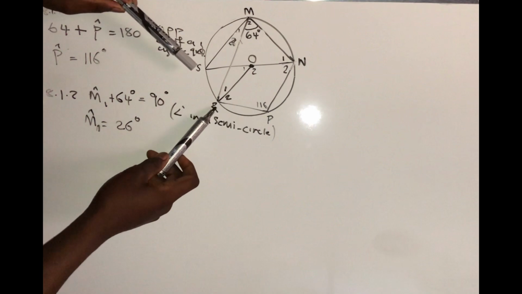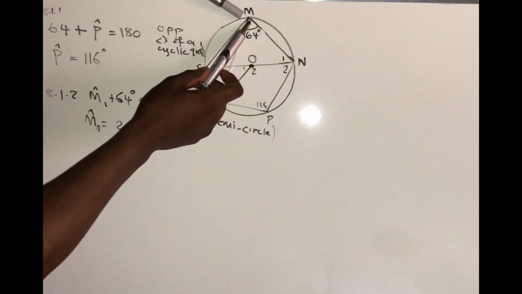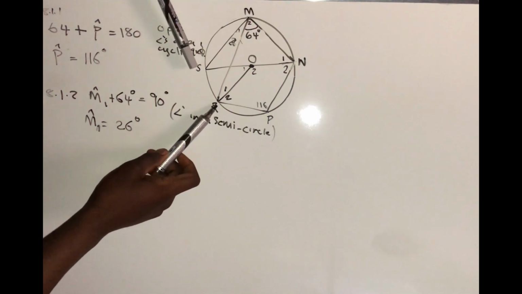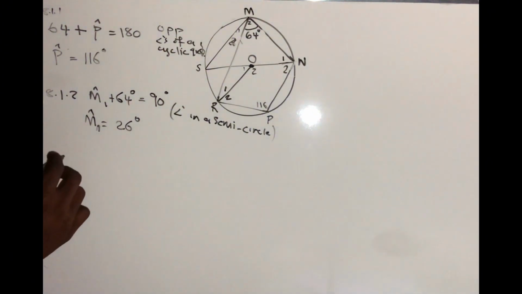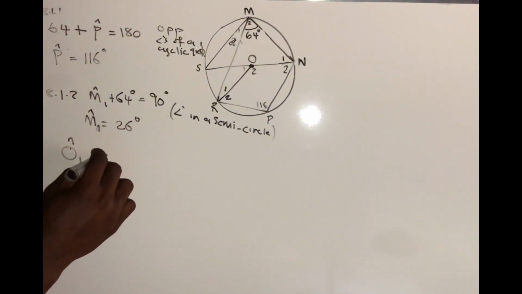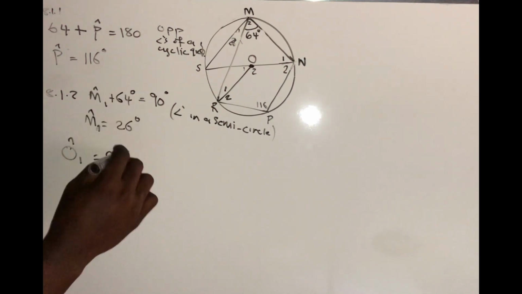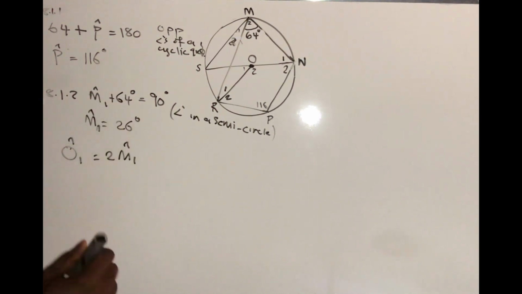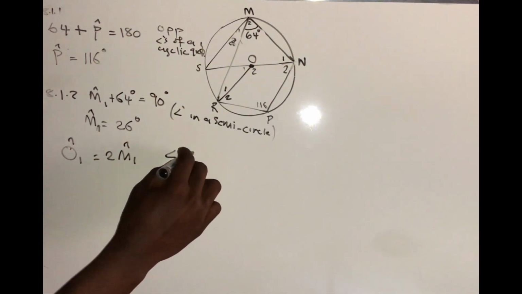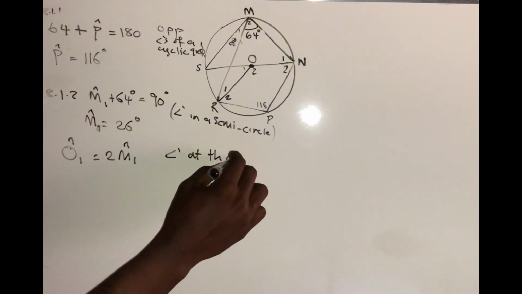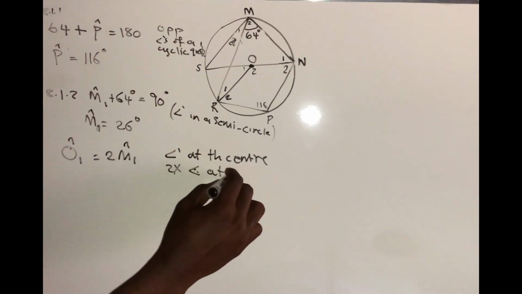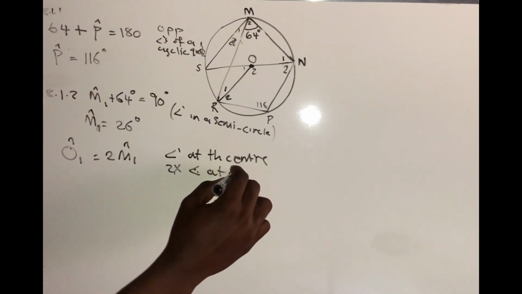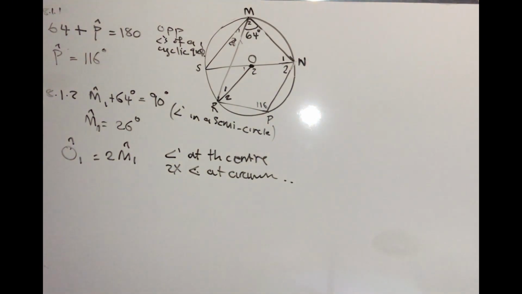SR subtends an angle at the circumference, which is M1, and again subtends another angle at the center, which is angle O1. That means angle O1 is equal to 2 times angle M1. Your reason? Angle at the center is 2 times angle at the circumference. So the angle at the center is twice the angle at the circumference.